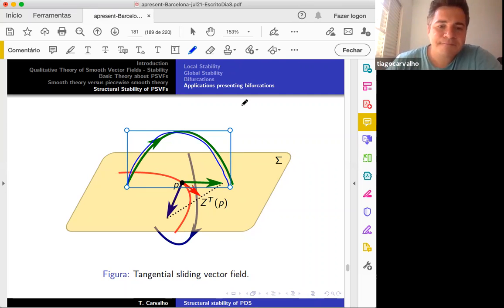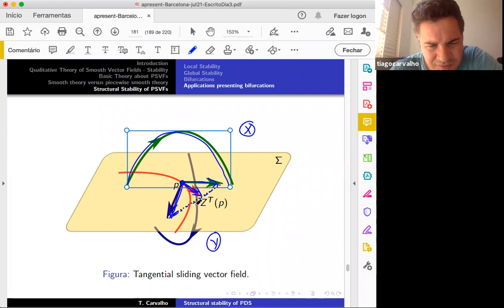it's possible that these vector fields, the vector fields at these points, provide a vertex here. Okay, and so we can define in this case a tangential vector field here using a linear combination of the vector field corresponding to this tangency and the vector field corresponding to this other tangency.